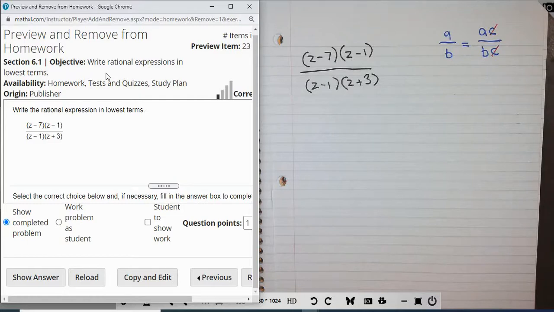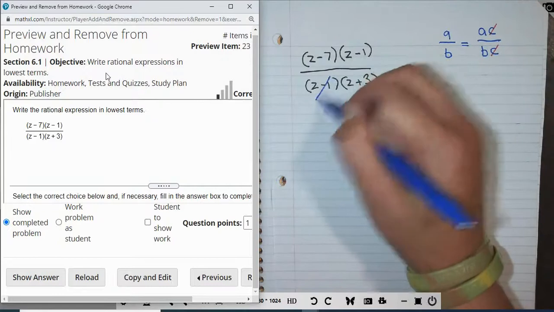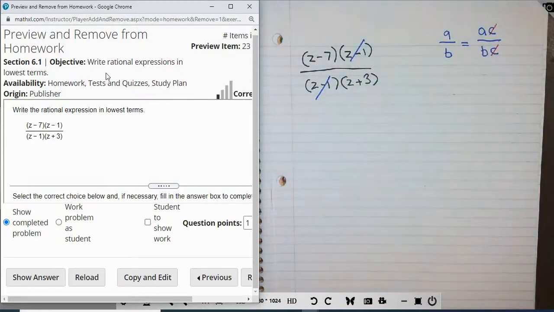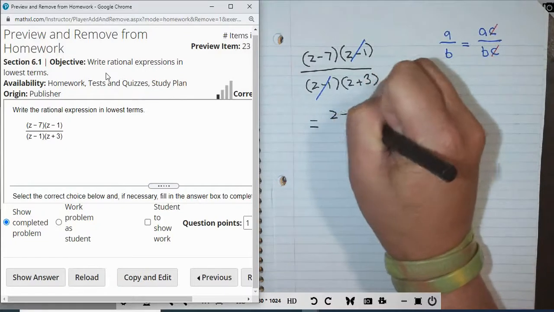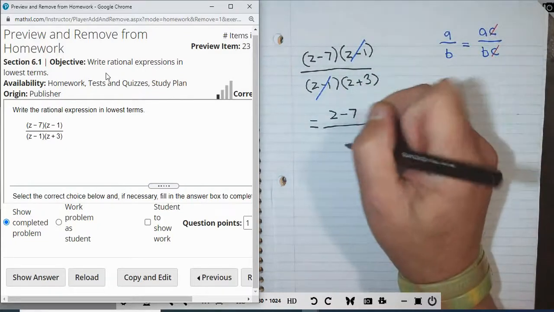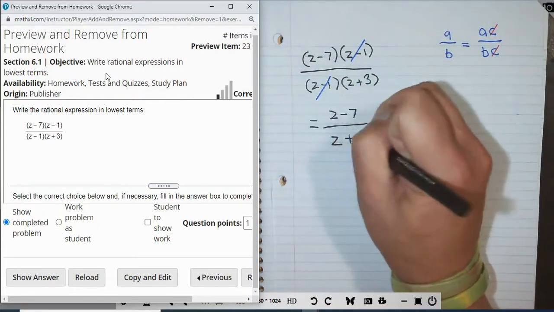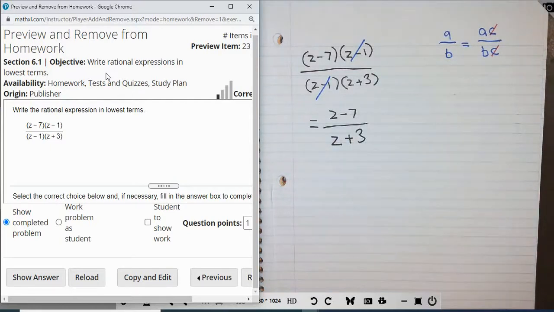What we have that is common between the numerator and the denominator is z minus 1. So the z minus 1 would cancel there. And what we would be left with here is z minus 7 over z plus 3. So now that one is written in lowest terms.